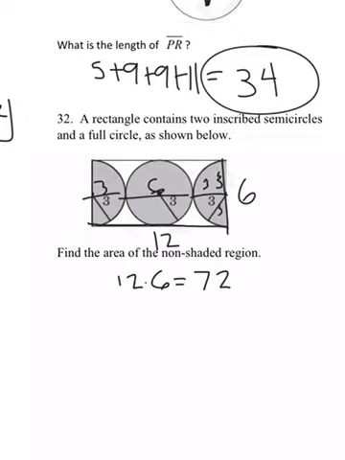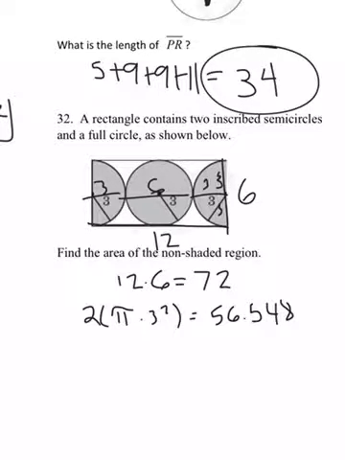For the circles, you have two circles that have a radius of 3. So 2 times pi, radius of 3, yeah. So 2 times pi times 3 squared equals 56.548.